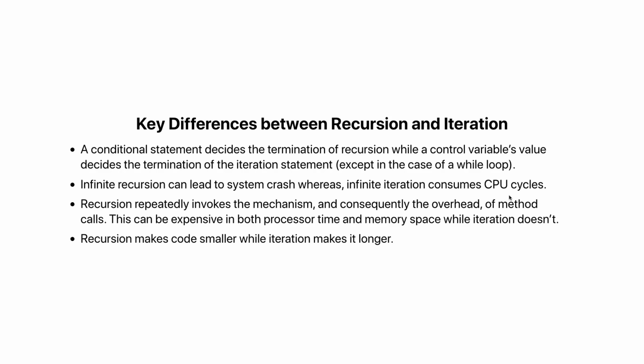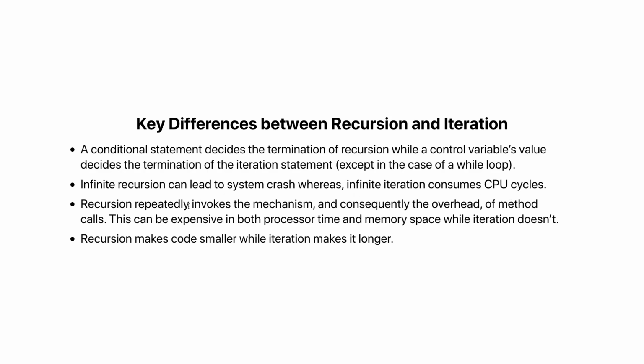Infinite recursion: if you don't make your exit clause, or you structure it poorly and there's some condition that it doesn't meet, you could have an infinite loop basically. Infinite recursion is going to lead more to a system crash, but infinite iteration consumes CPU cycles. I don't really know all of what's happening with that, but just know that it can happen.